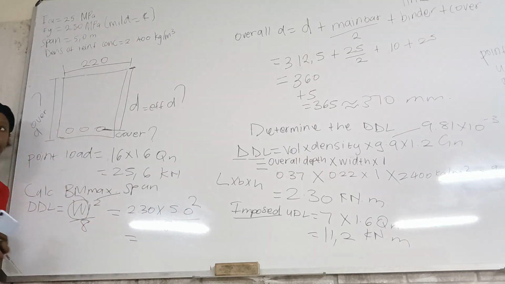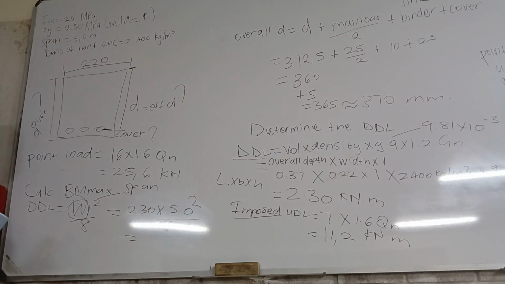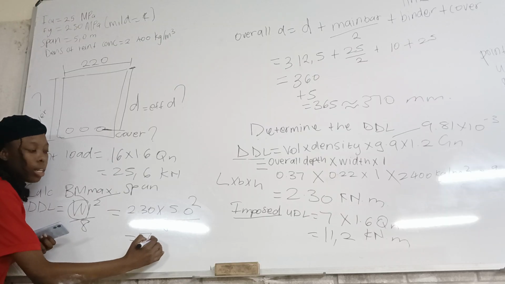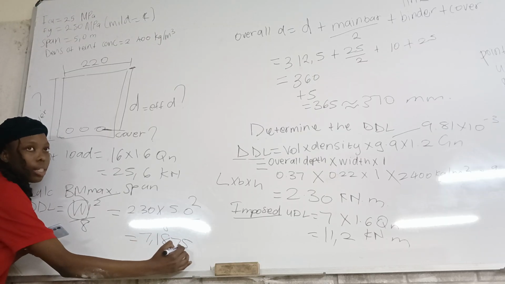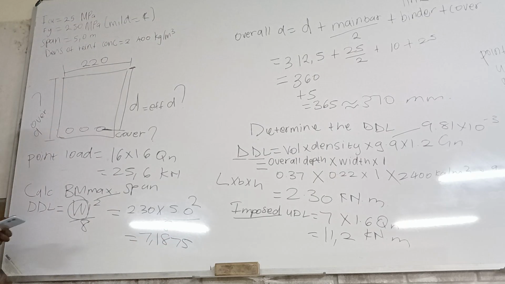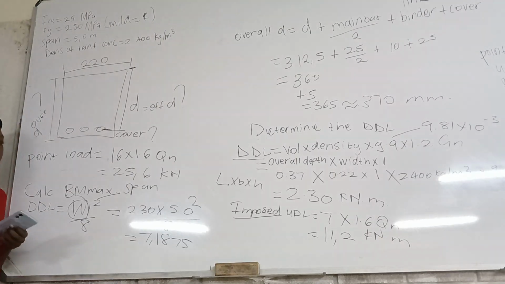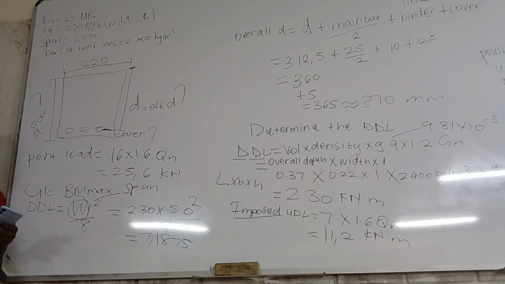What do we get? 7.1875, SI unit kilonewton meter. Rounded, that is 7.19.